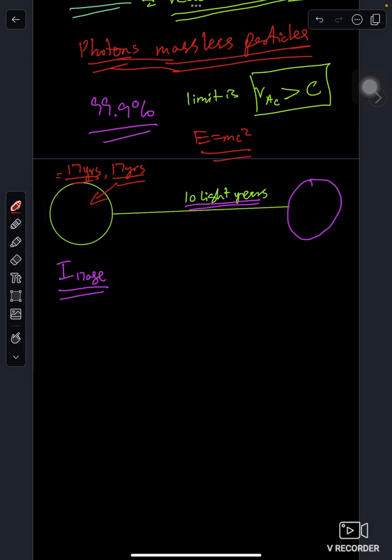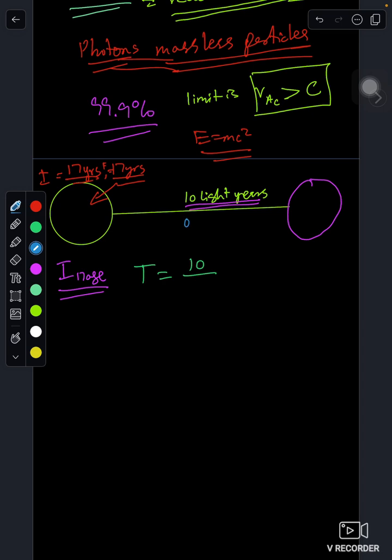This is me, and this is my friend. So what will happen first for my friend? For him, t will equal 10 over the speed. Let's suppose I'm traveling at 0.8 the speed of light. This is my v.